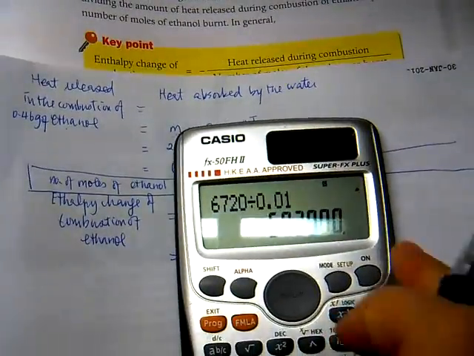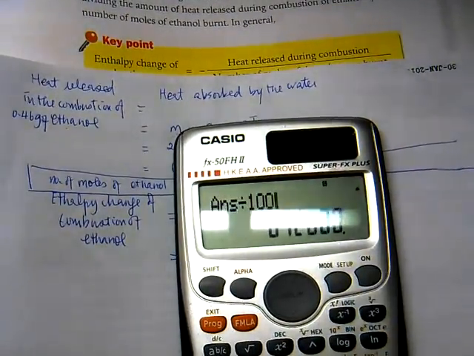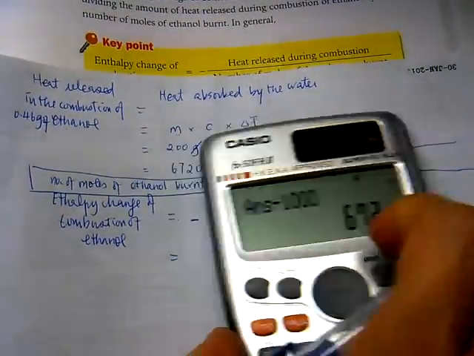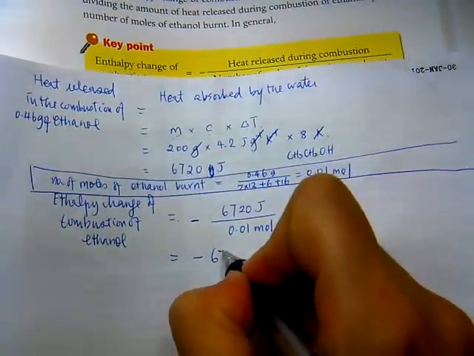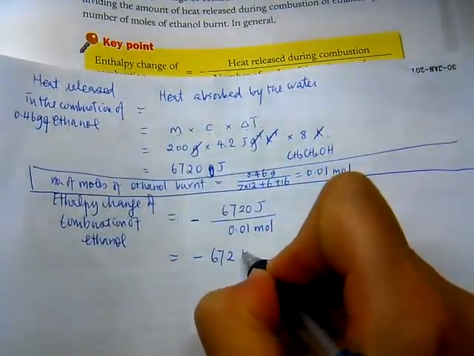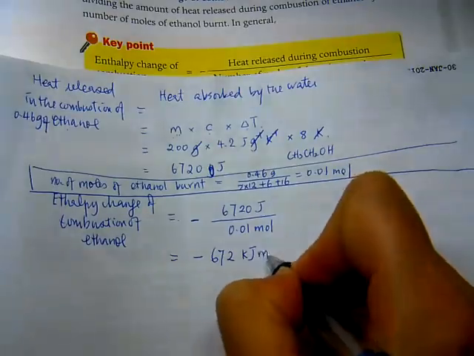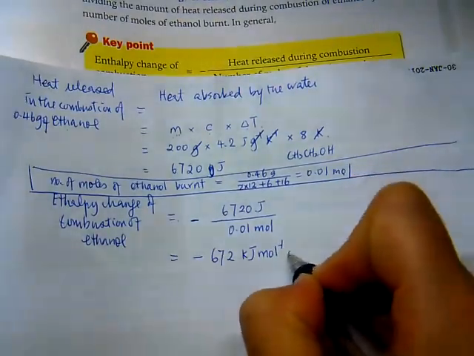A very large number, okay? Over 1000. You can change it to kilojoule, which is negative 672, pay attention to the unit, kilojoule per mole. Do you understand? This is the answer for this example.